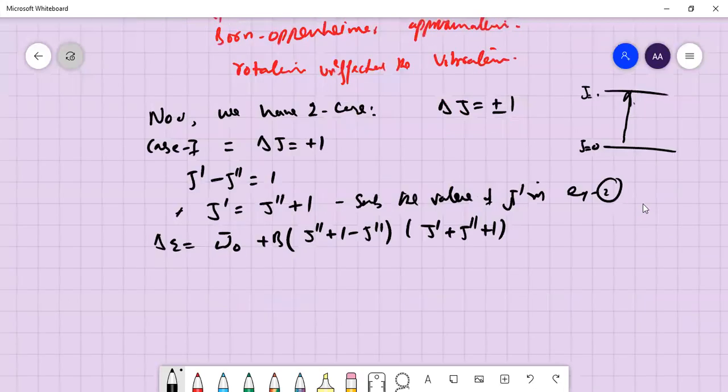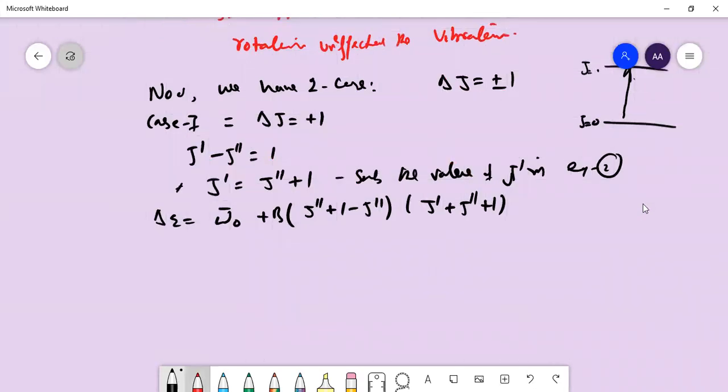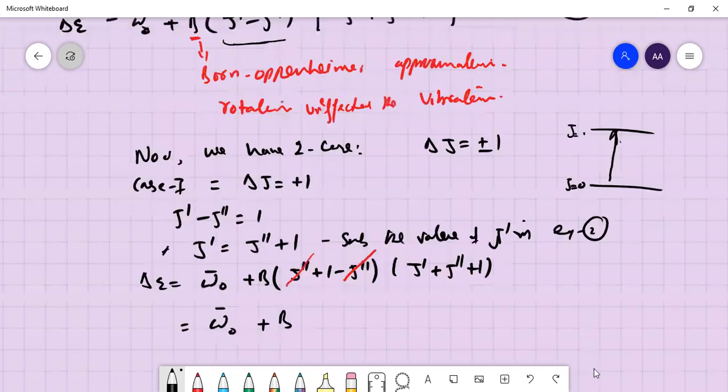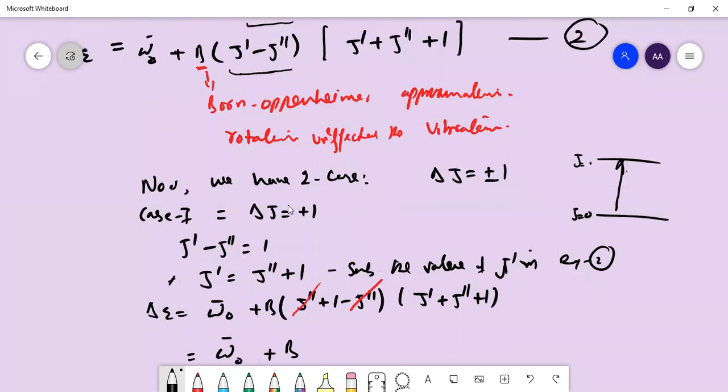Further solving this equation, we can cancel these two and the equation will become omega naught bar plus B. Here I think we have made some mistake.